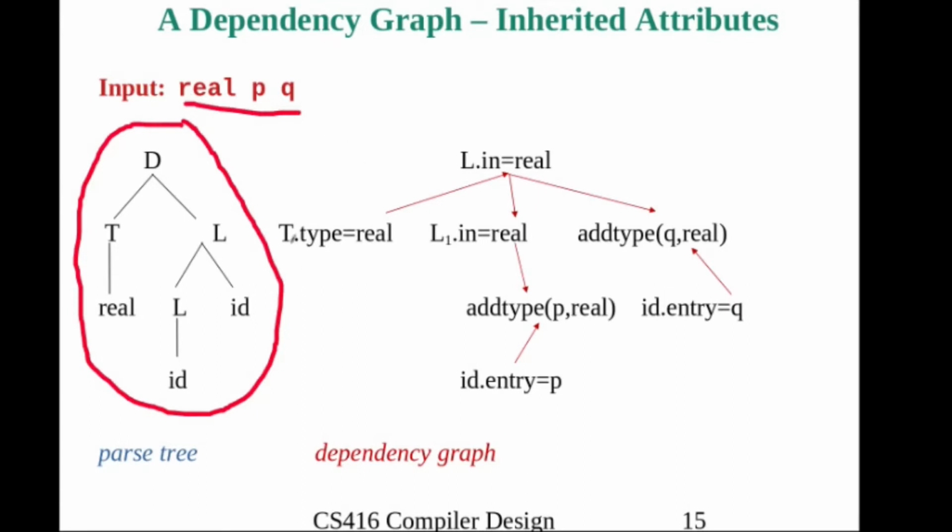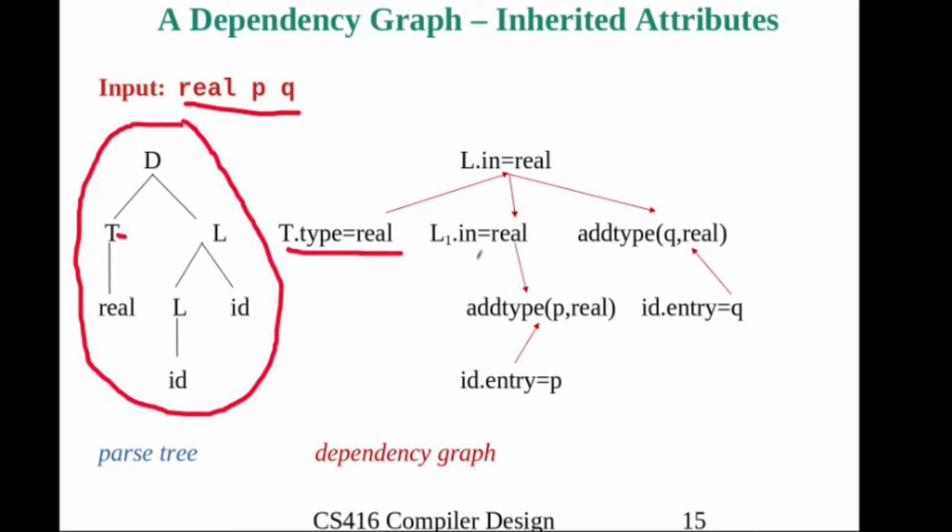You look at here. First of all, T dot type is equal to real, because T has the attribute value type, that is a synthesized attribute, synthesized from its child real. So T dot type is equal to real. Fine.